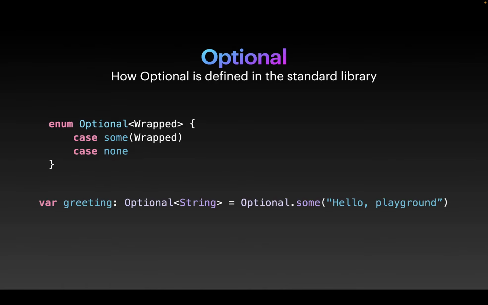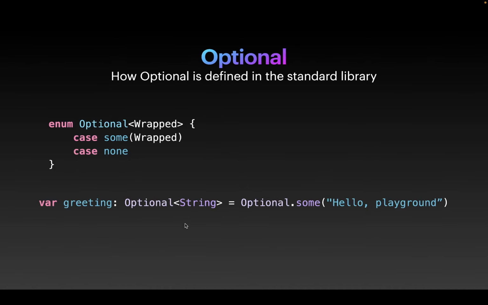Now, when you actually want to define an optional with some valid data inside, you can do something like this. First, start with var, which is a keyword, and the name of the variable, which is greeting, with the type annotation Optional, angle bracket, with String inside.